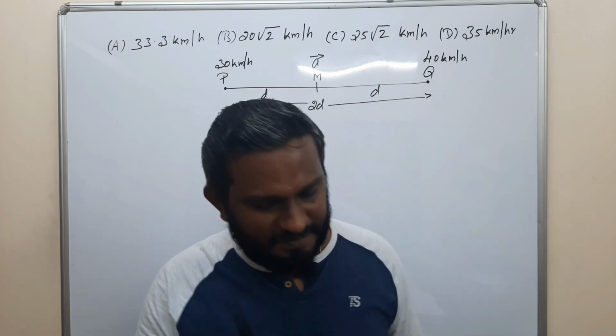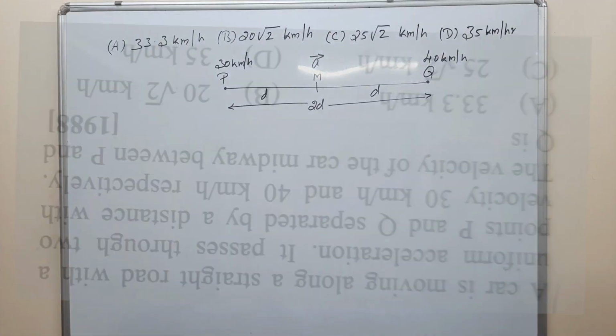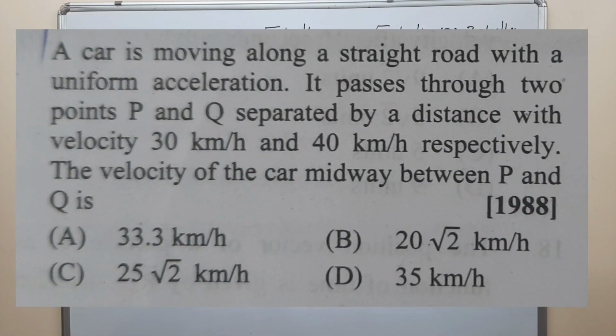We start with this question. A car is moving along a straight road with a uniform acceleration. It passes through 2 points P and Q separated by a distance with velocity 30 km per hour and 40 km per hour respectively.